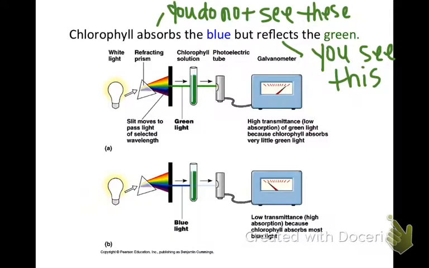The color you see is the color that is being reflected, red. If you think about plants, plants are what color? Their leaves, green. The color you see, the color being reflected, is green. The colors you don't see, the ones that are being absorbed, are all the other colors of the spectrum, like red, orange, yellow, blue, purple. The only one that you see is the one that is reflected.